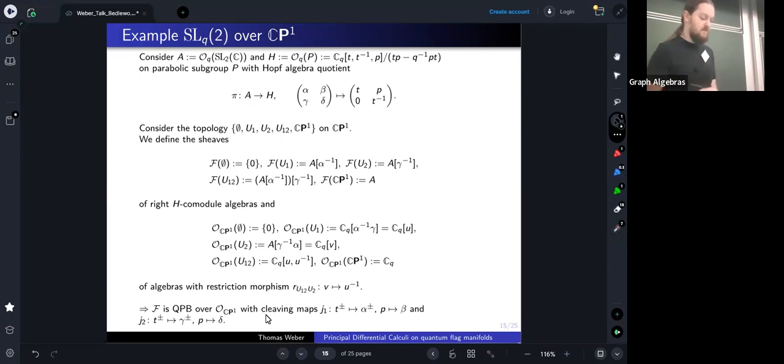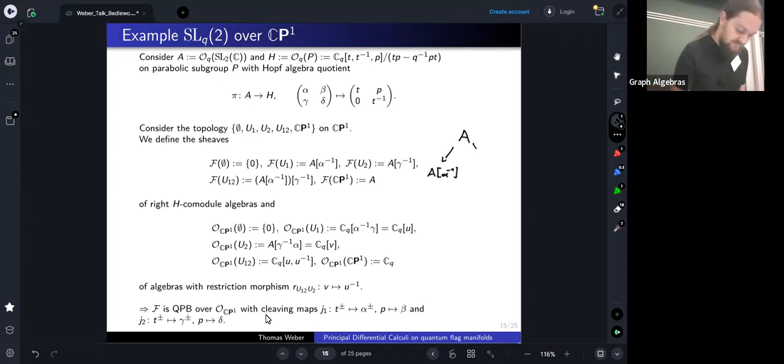And then on this, maybe here, now I can draw. So here we build a sheaf in this way. Globally, we take all the functions on SL_q(2). Then on the open U1, we take the Ore extension of this algebra, where we allow alpha to be invertible. U1 is not the hemisphere, it's the sphere minus one point.